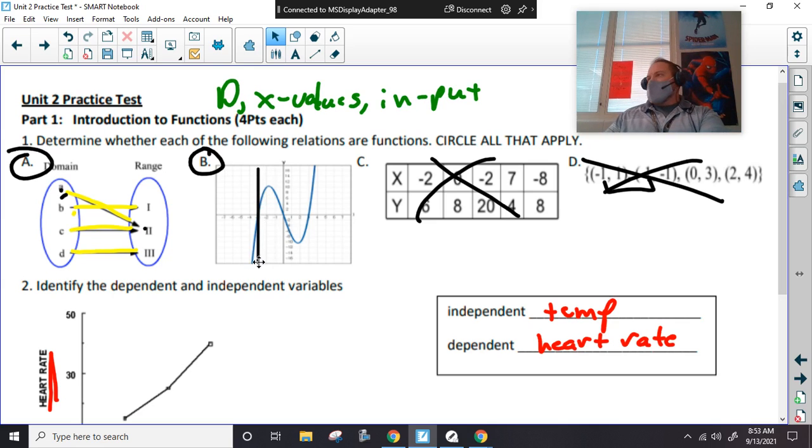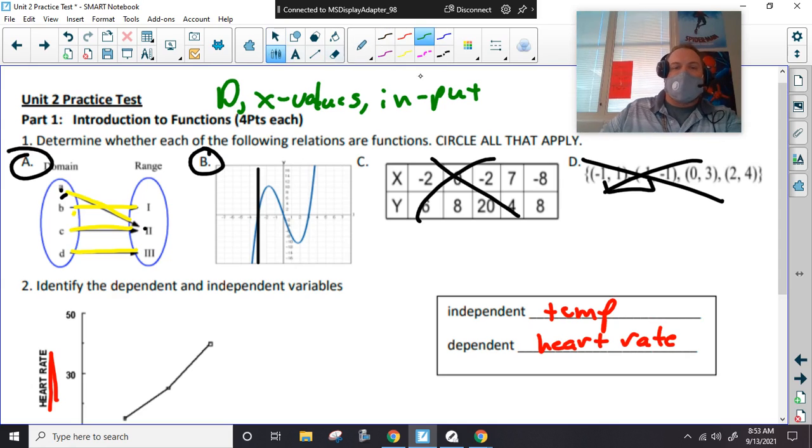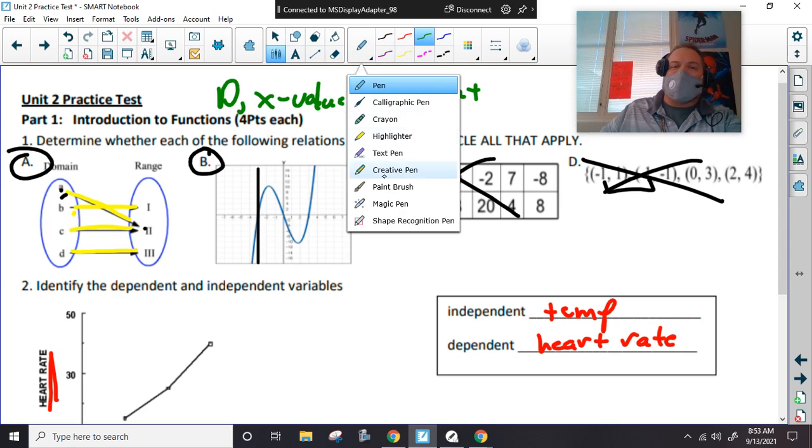Now, if you want to get real persnickety, you can say it looks like it touches right here. It doesn't. It just keeps going on and on. If it touches twice, it's not a function. It looks like it does, but it doesn't.